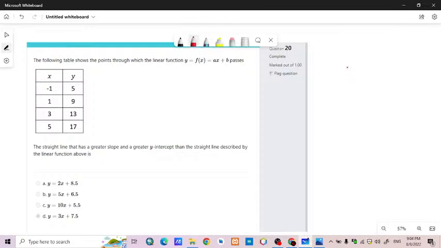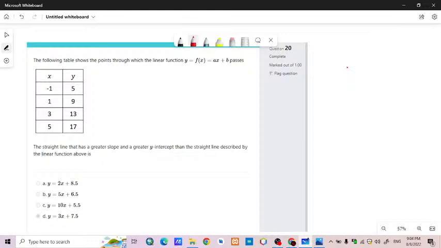Okay, the following table shows the points through which the linear function y equals f of x equals ax plus b passes. Okay, the straight line that has a greater slope and a greater y-intercept than the straight line described by the line function above.